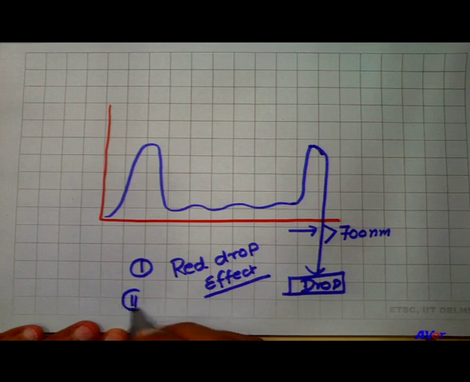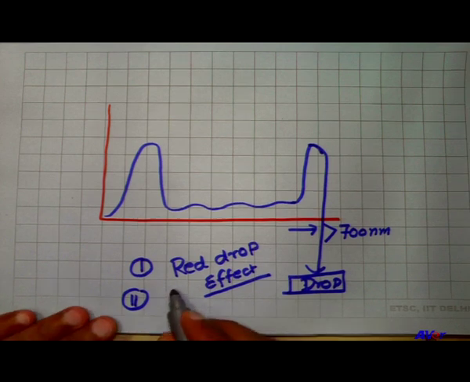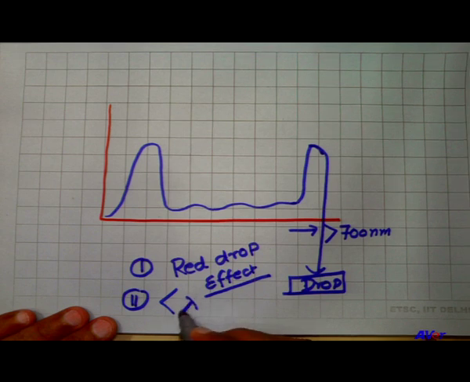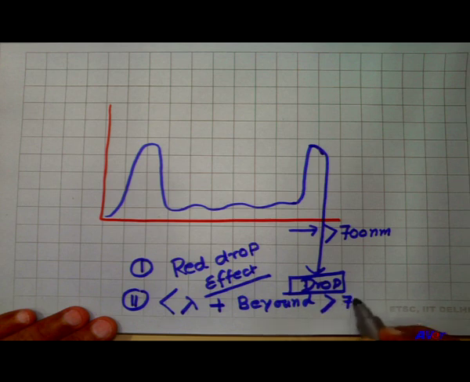In his second experiment, he added certain low wavelength of light with light of wavelength greater than 700 nanometer.